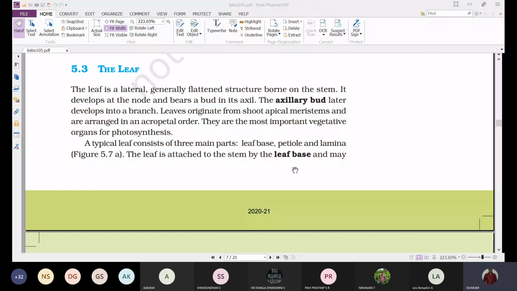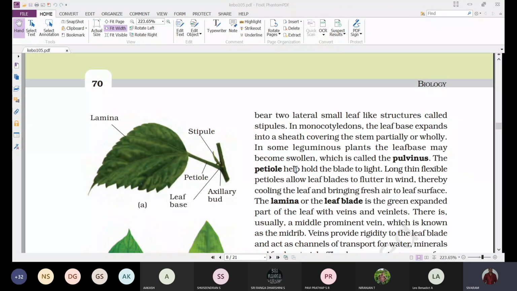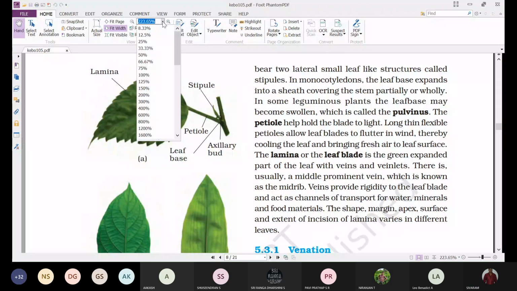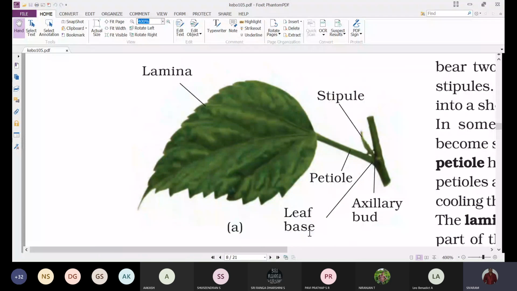And next, when you observe the structure of a leaf, we can see here, this is the stem, and the region where the leaf arises from the stem we call a node.